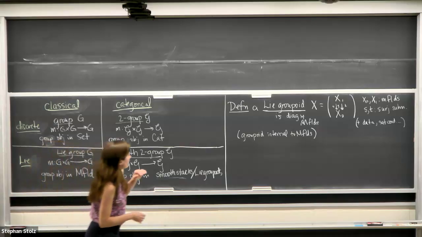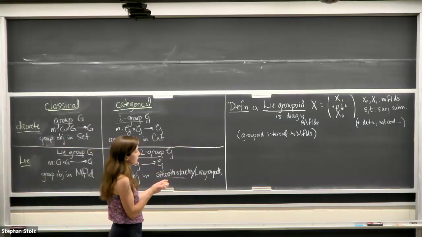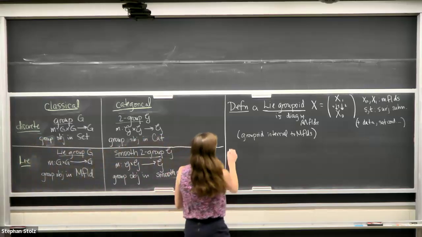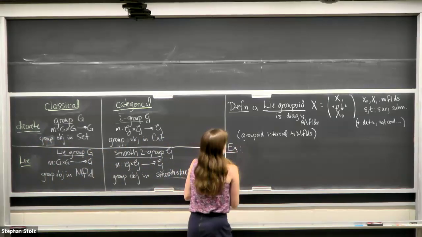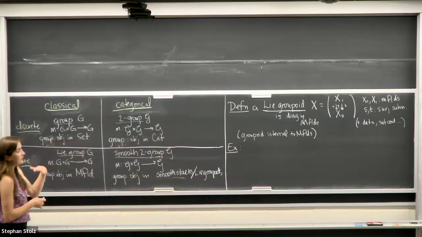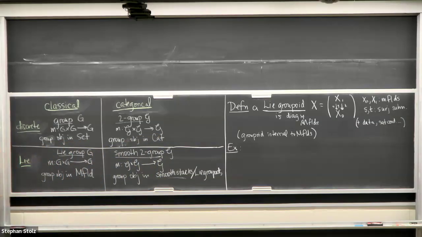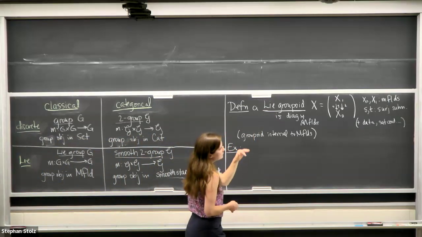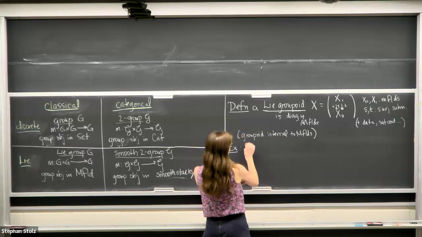If this is your first time seeing Lie groupoids, what are some examples that you should keep in mind to anchor yourself? Every manifold you can think of as a Lie groupoid. This is also paralleling what we did for groups. You can think of it as a Lie groupoid where you only have identity morphisms.